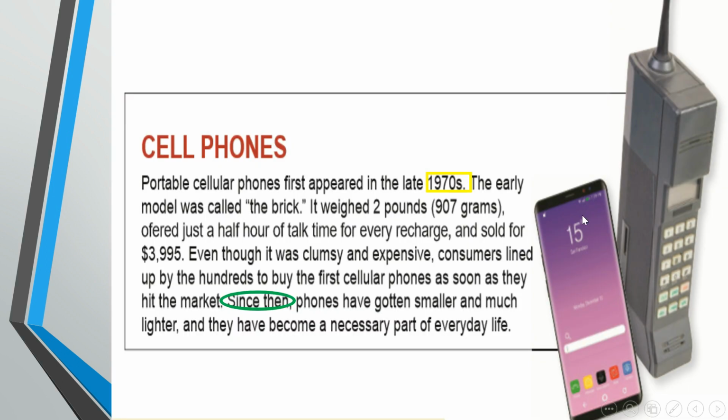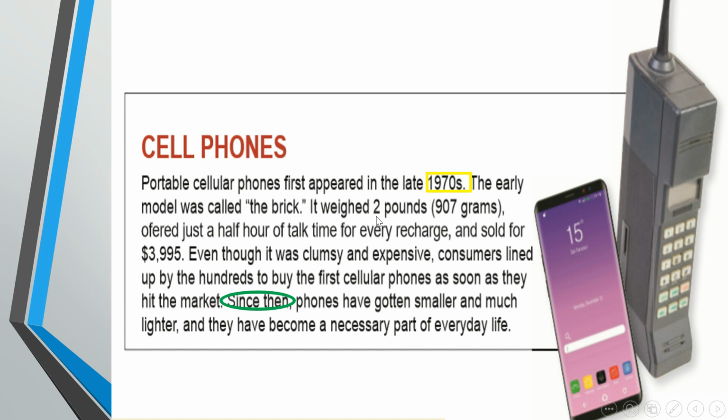Okay, look at the last picture. What can you see in this picture? Yeah, we can see an old mobile phone and a new one. Listen to this part, then I'm going to ask you some questions. Cell phones. Portable cellular phones first appeared in the late 1970s. The early model was called the Brick.